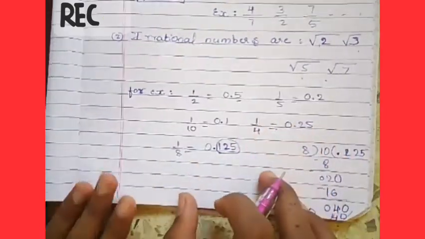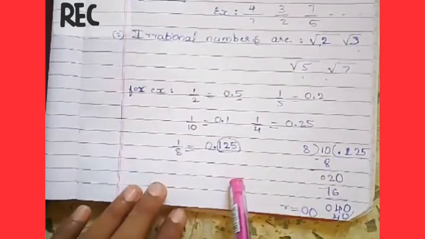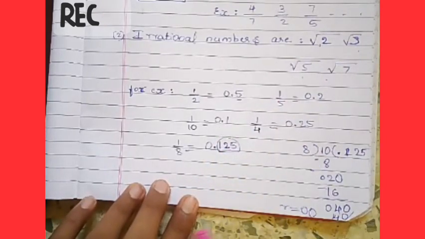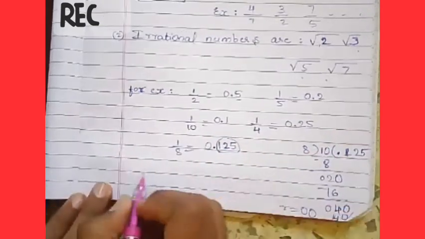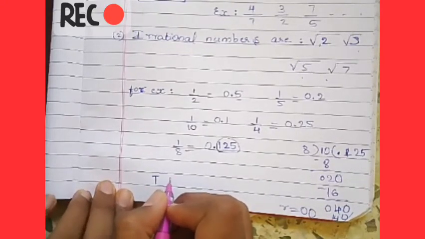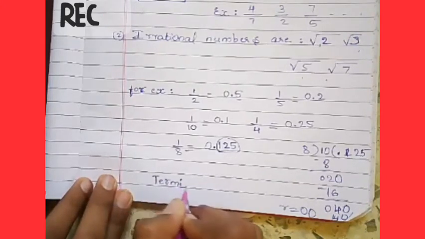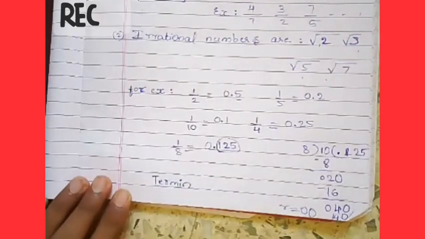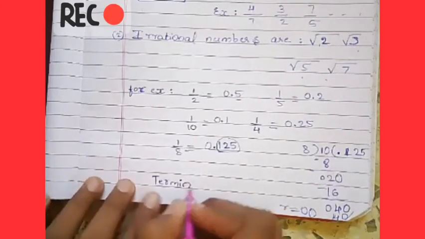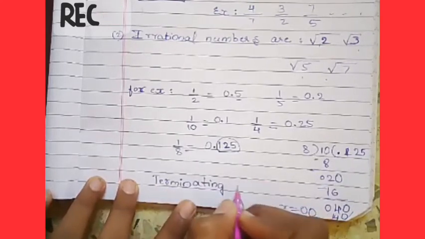some divisions are there in which we cannot count. So let's see this first. Here we can count, so we will call it terminating decimals.